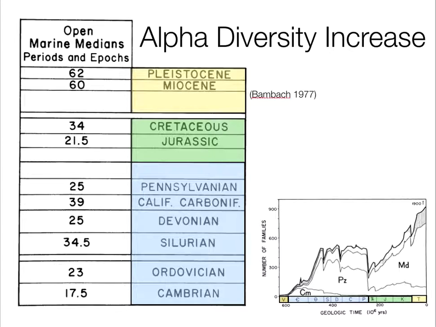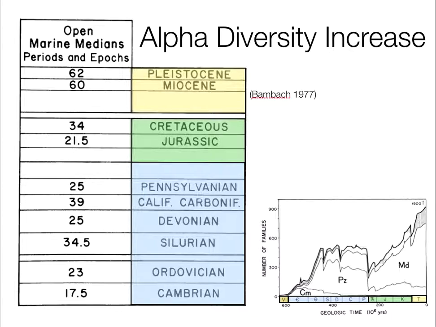Those are the numbers here. The blue is the Paleozoic, the green is the Mesozoic, and the yellow is the Cenozoic. Basically what he saw was that these numbers increased through time, and that the within-assemblage diversity in the Cenozoic was truly higher than the within-assemblage diversity of previous intervals.